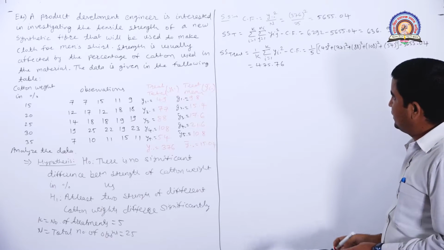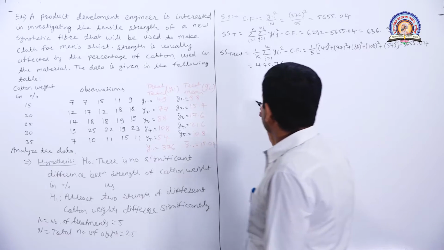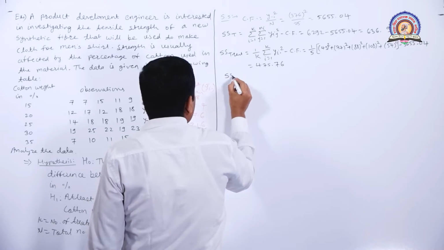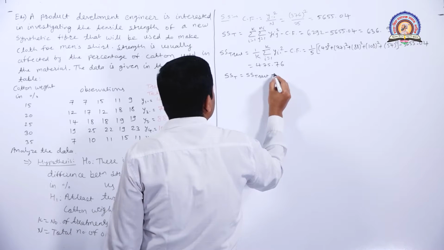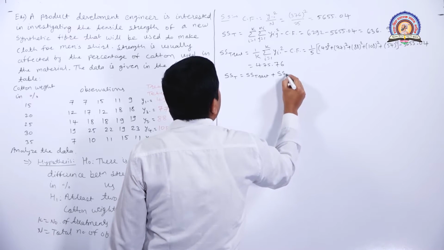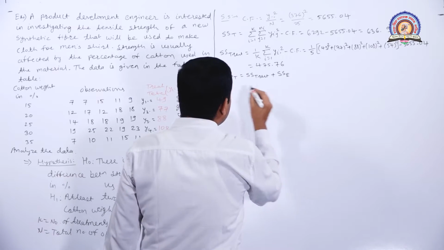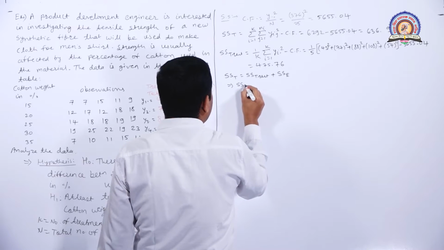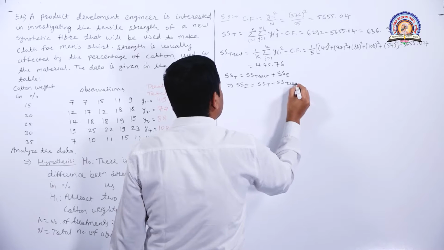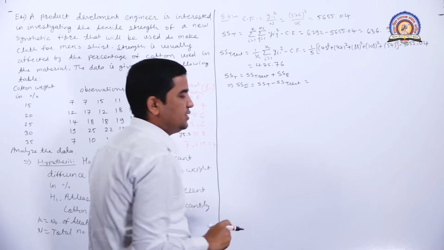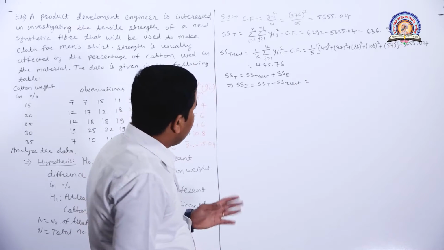SS treatment is 475.76. You know that SST is equal to SS treatment plus SSE, sum of squares due to error. By using this formula, you can find SSE as SST, total sum of squares, minus SS treatment, sum of squares due to treatment.